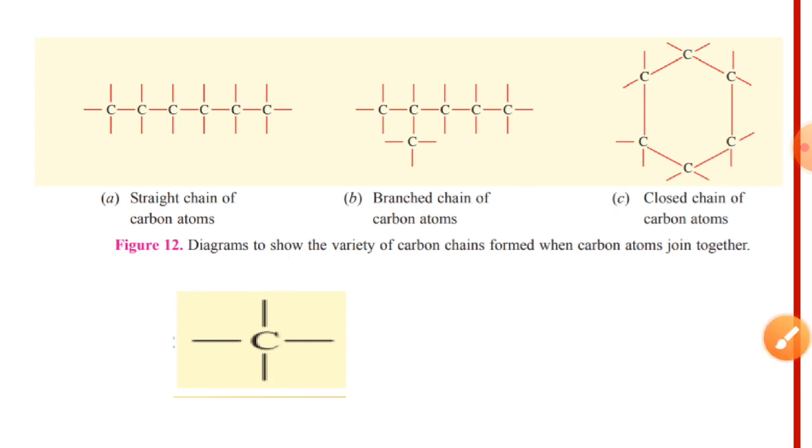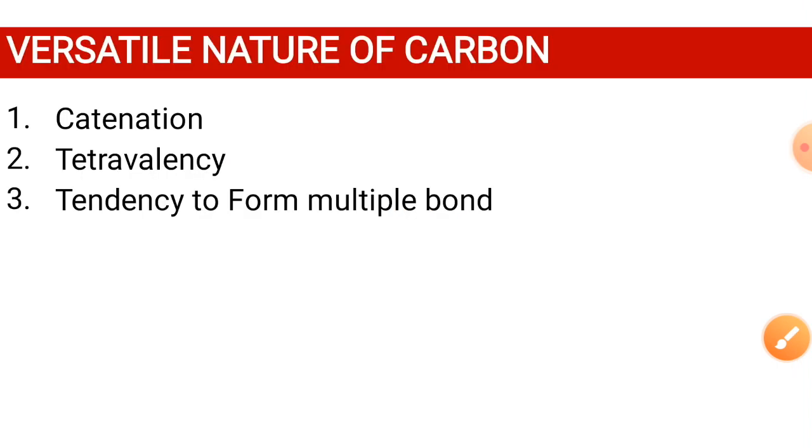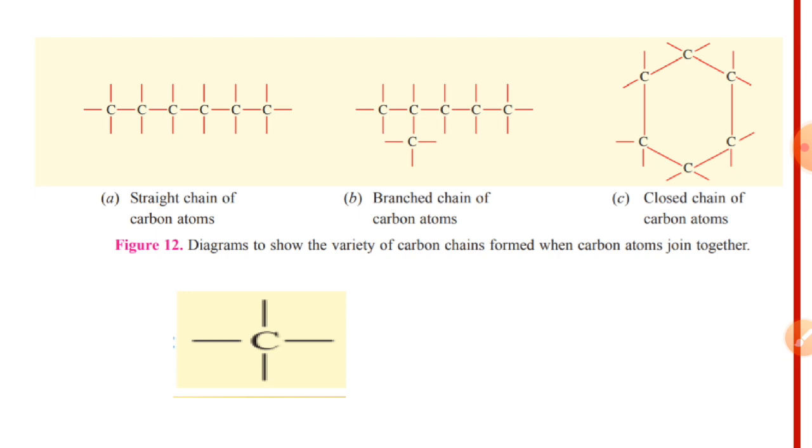Lastly students, the property which was discussed here was the tendency to form multiple bonds. We have seen in the examples of covalent compounds that carbon forms multiple bonds. Let me give you one example here. Carbon is capable of forming multiple bonds with itself and also with other atoms like oxygen and nitrogen.